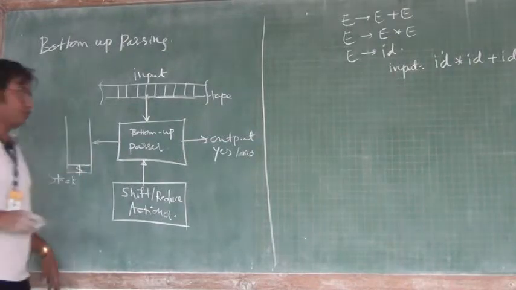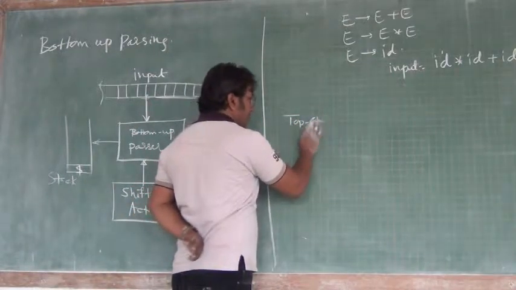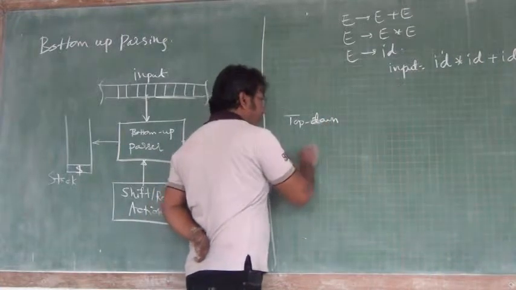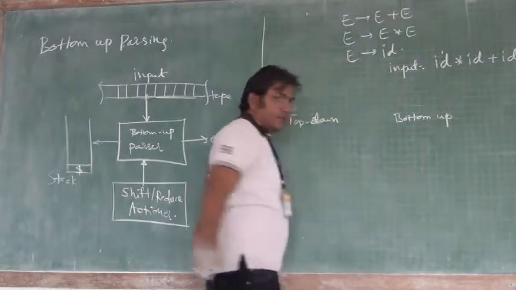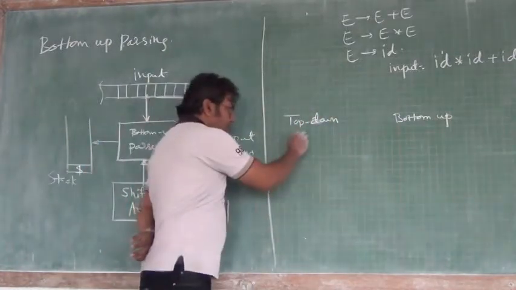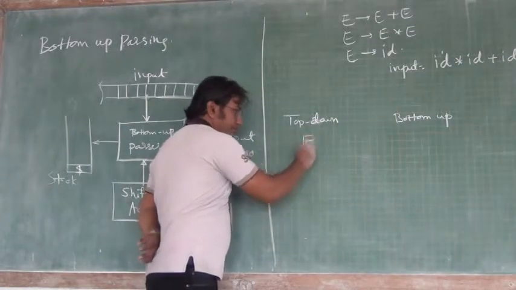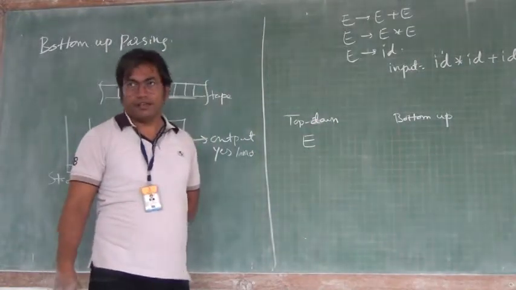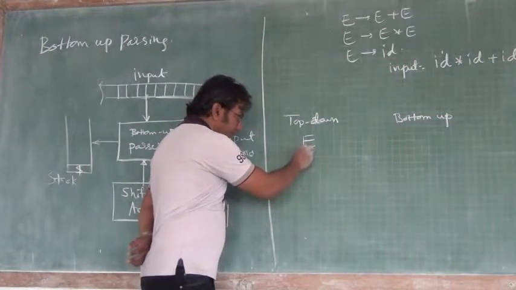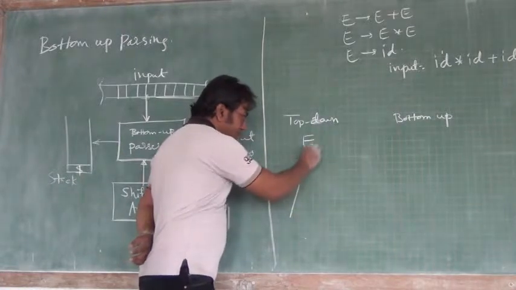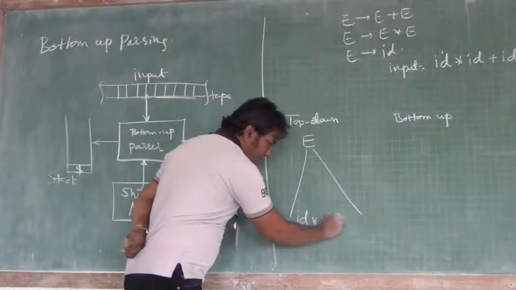In the previous approach, the top-down approach, we can see the difference. Top-down approach and bottom-up approach. In the top-down approach, what we did is we started with symbol E and we went for deriving the string id star id plus id.